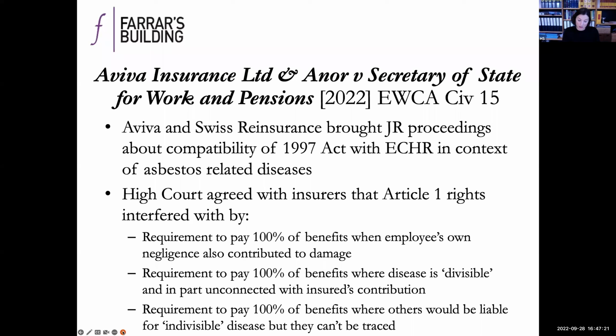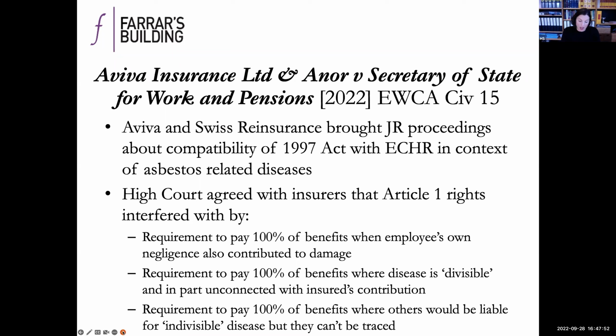Aviva and Swiss Reinsurance decided to bring judicial review proceedings, saying that the 1997 Act was incompatible with the Human Rights Act. Partly because there was a requirement, and this was accepted by the High Court, to pay 100% of benefits when there's contributory negligence.